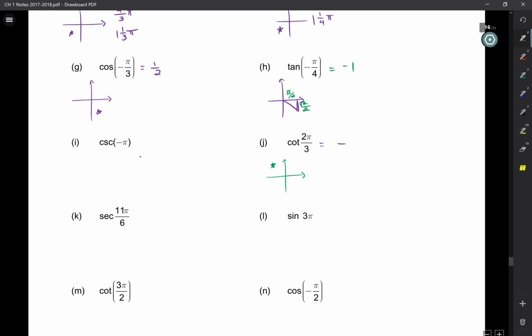The sine is root 3 over 2. How much is the cosine? 1/2. Okay, so cotangent is cosine over sine: 1/2 over root 3 over 2. Anytime you've got the same denominator on top and the bottom, they just go away. So I have 1 over root 3, negative root 3 over 3.